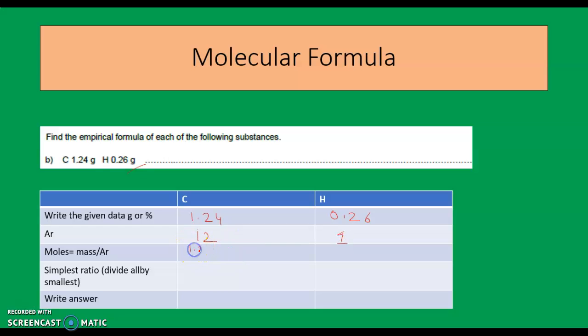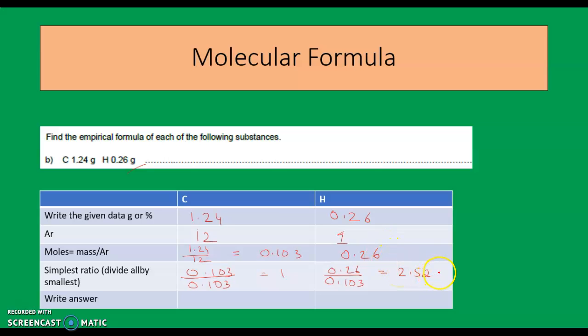When you divide 1.24 by 12, I get 0.103. This is 0.26. Divide both values by the smaller number of moles. So I divide both sides by the smaller number of moles and I get, this is 1, this is 2.52. Now, you cannot round it up or round it down from 2.52.